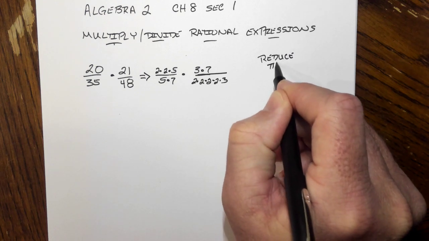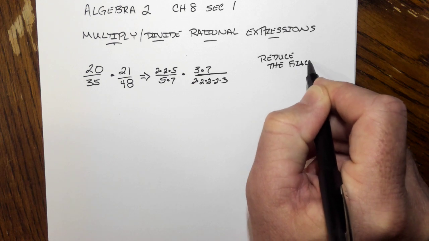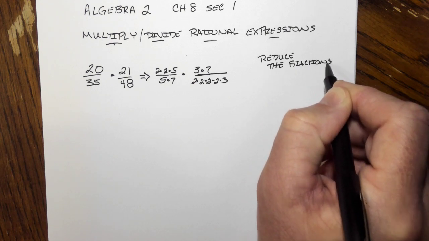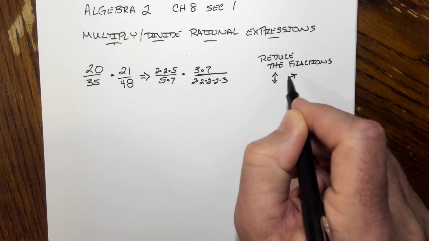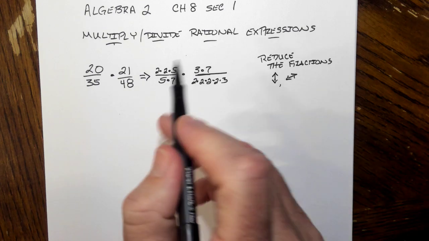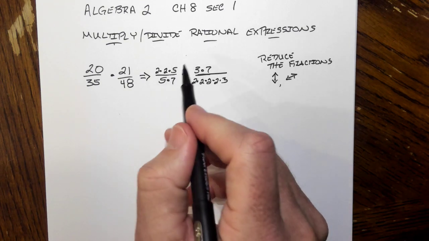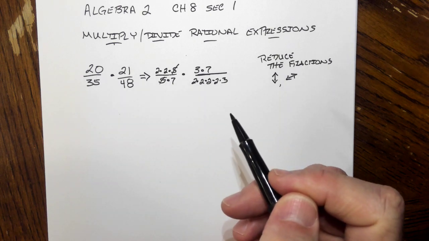reduce the fractions. Vertically and diagonally, cross reduce. So a bunch of different options you can have here, but I can see the 5s cancel out. Again, many of you saw that ahead of time.